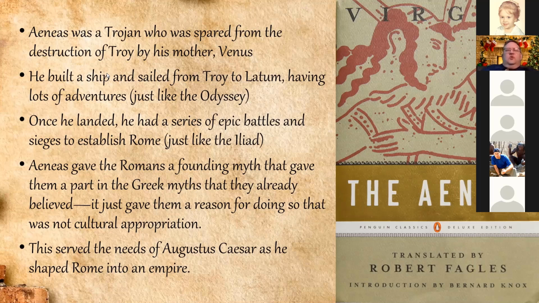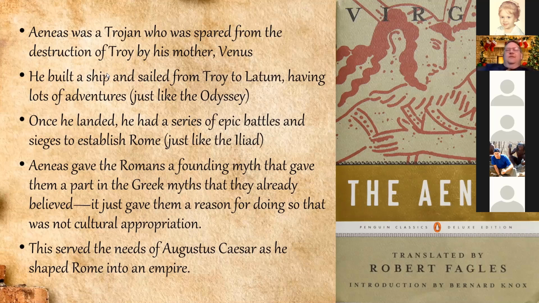So all of a sudden, all of the Romans are now believing in a Greek religion and Greek gods, and this worked against Augustus's plans because Augustus wanted to make Rome great again. I mean, he was a nationalist.